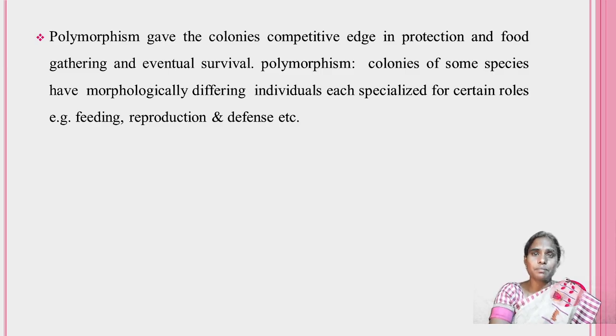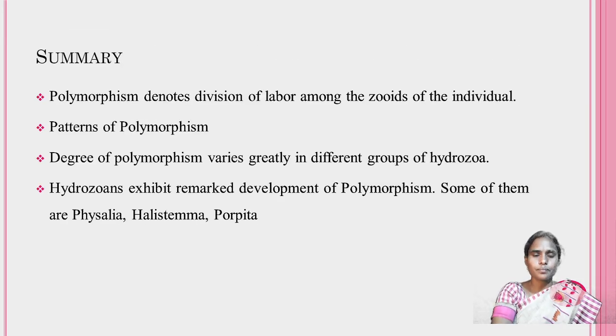Polymorphism gives colonies a competitive edge in protection, food gathering and eventual survival. The colonies of a species are morphologically different from one individual to another because each specialized zooid has specialized roles like feeding, reproduction, defense, etc.